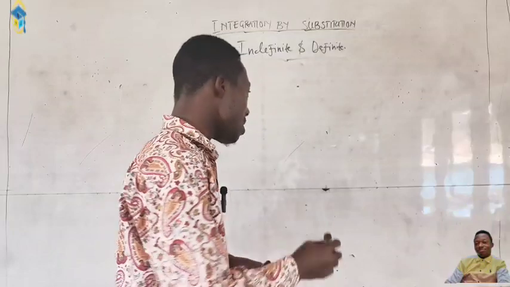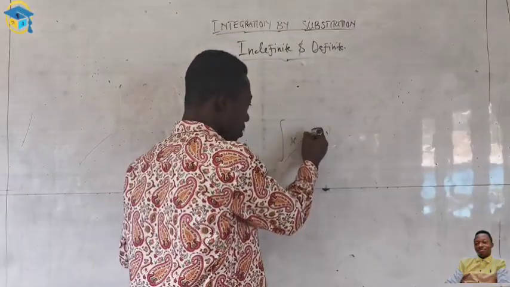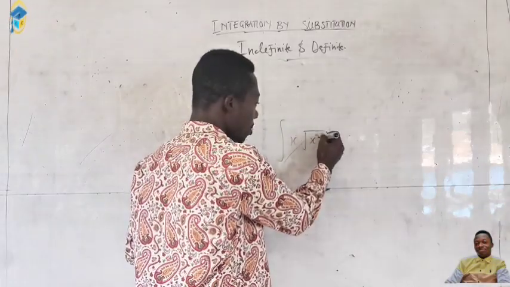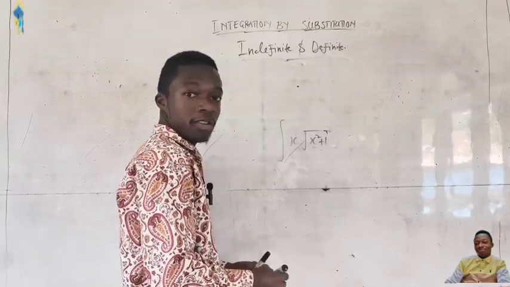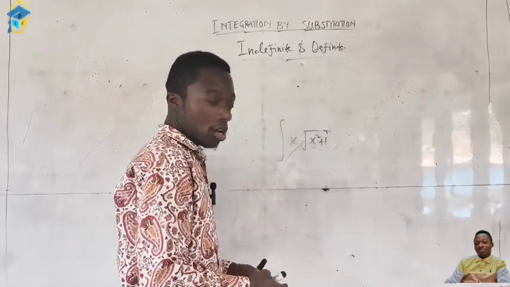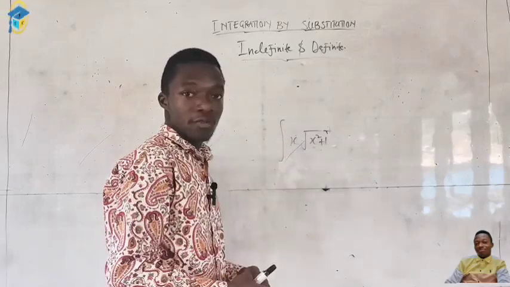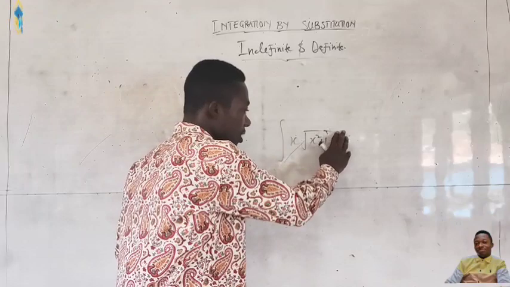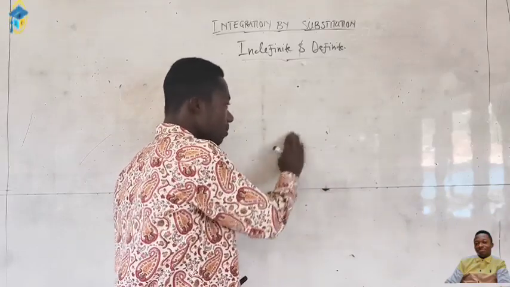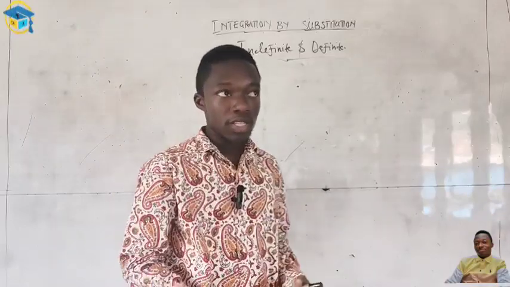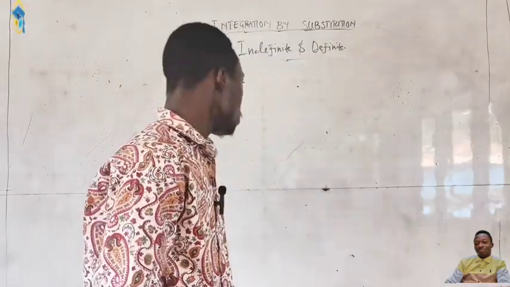For example, if I have a function like x times the square root of x squared plus 1, this kind of function will be very difficult to integrate using the normal approach, unless you make some changes to the form. So in a case where it becomes very difficult to integrate directly, you go by substitution. That's what we're going to do today.